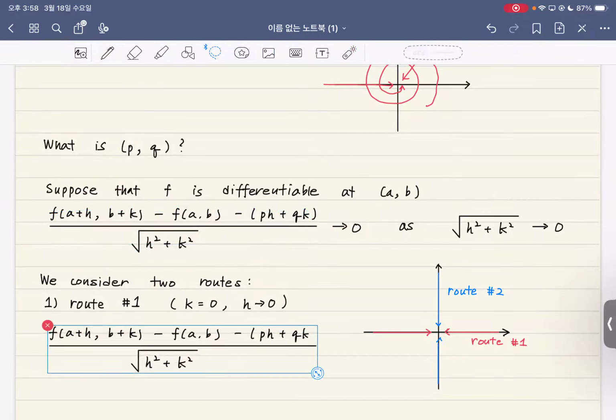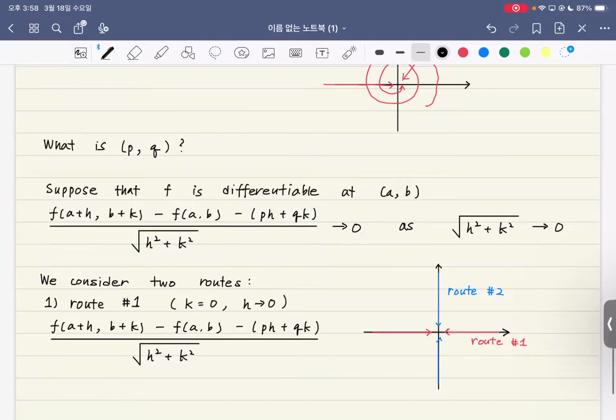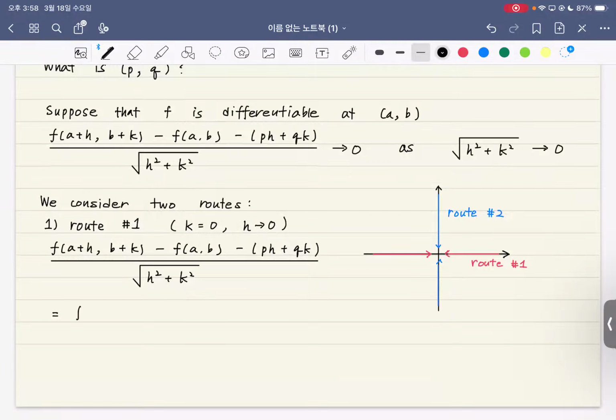Now this expression becomes f(a plus h, b) minus f(a, b) minus ph, divided by the absolute value of h.